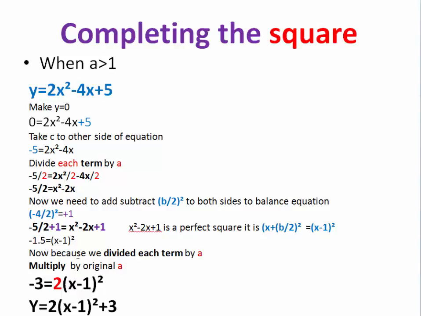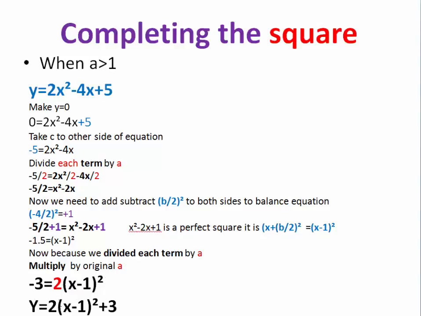Now, to finish, because we divided each term by a over here, we need to multiply by a. So we have minus 1.5 multiplied by a, which is 2. Minus 1.5 times 2 is minus 3, so minus 3 equals 2 times our square, x minus 1 squared.